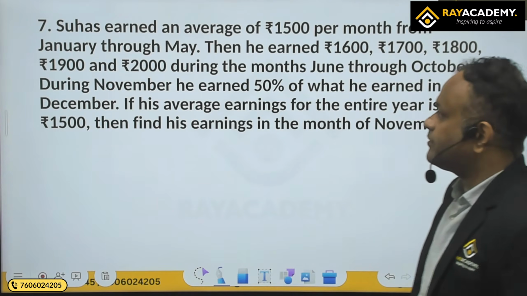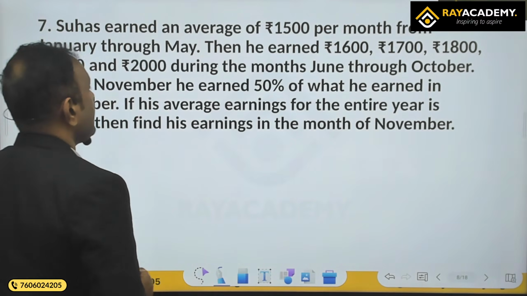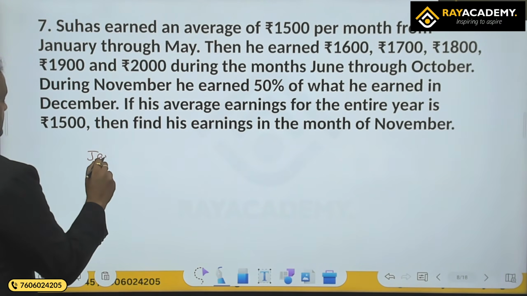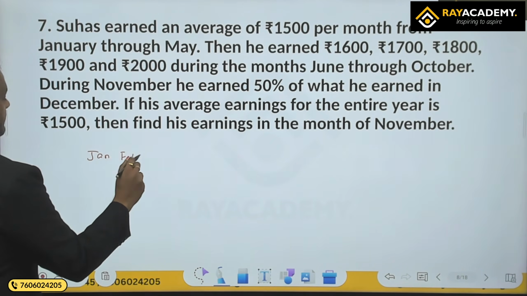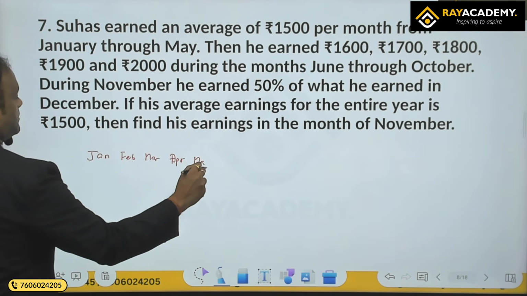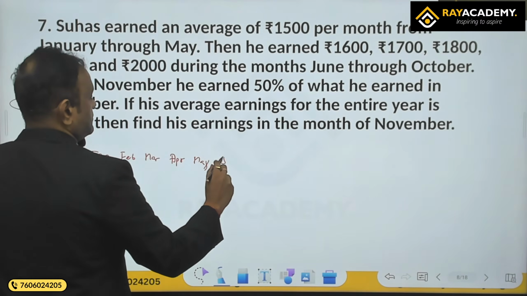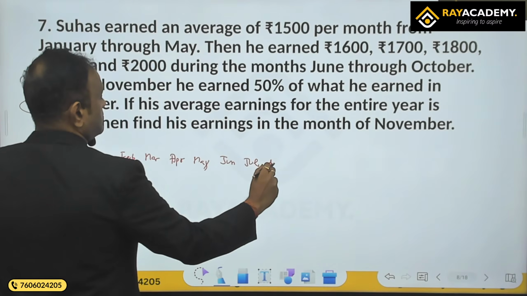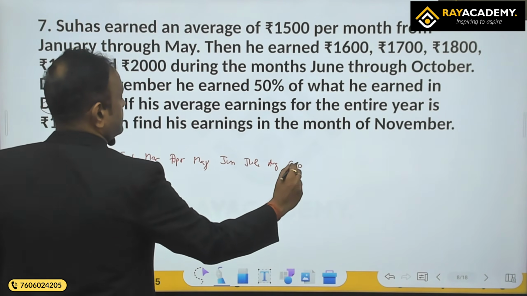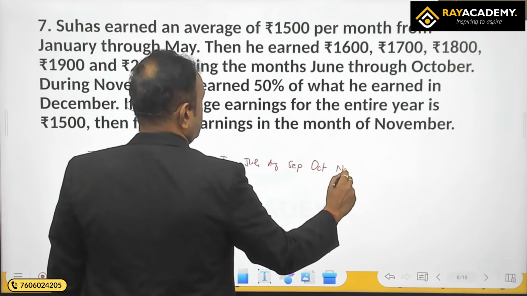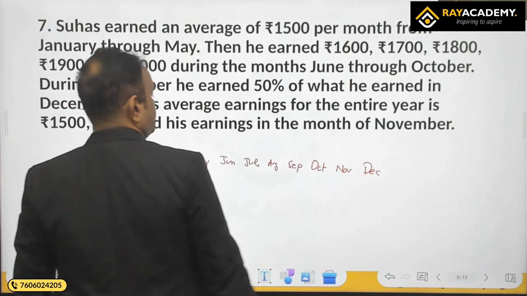So we have to plot everything from January to December: Jan, Feb, March, April, May, June, July, August, September, October, November, December.